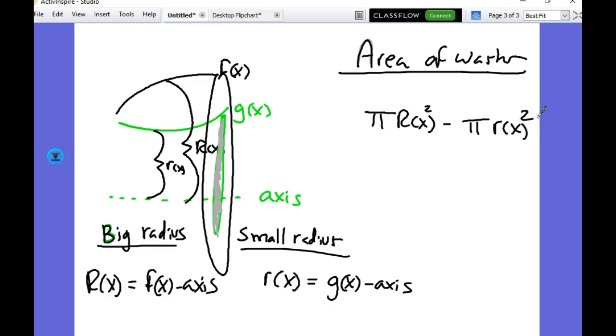The area of the big circle minus the area of the little circle. And therefore, if you wanted to turn this into a three-dimensional image, the volume would be pi big R squared minus pi little r squared, integrated.